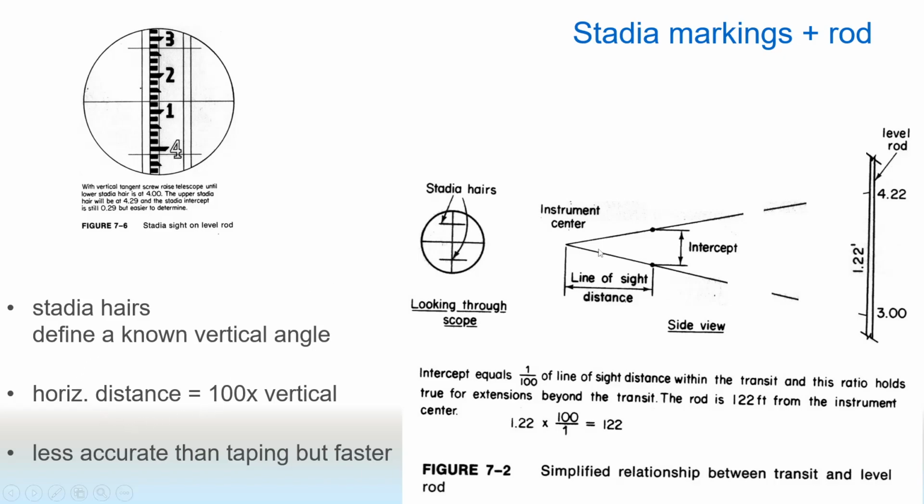While we observe a rod through the crosshairs, the stadia hairs make a permanent angle, and the intercept equals 1 to 100 of the line of sight distance within the transit, and this ratio holds true for extensions beyond the transit.